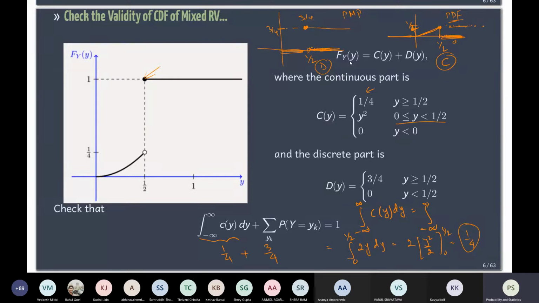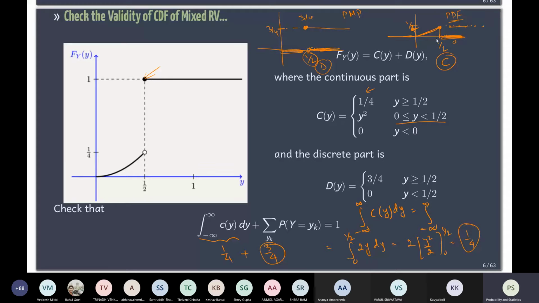That's why I just stop at 3/4, because in the discrete case, the range is the value for which the positive value is found. The positive value is found only for the half, which is 3/4, and in other cases it's 0. So that's why I stop at 3/4. That's the only place where this is found.